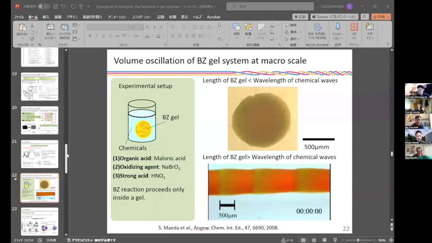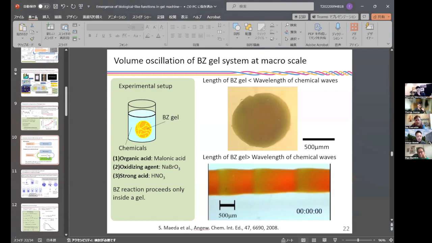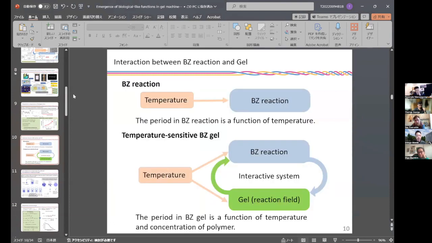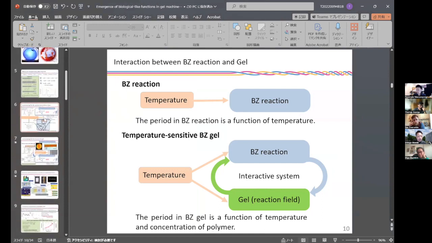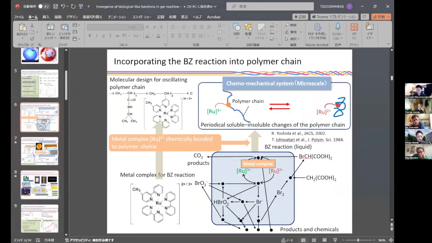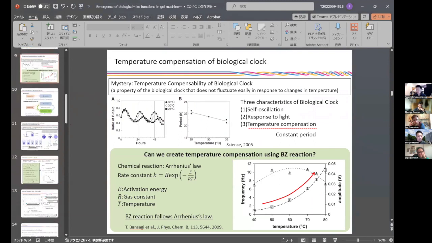Yeah, that's a good point. Can I share again? In the chemical systems, the idea to make sensing, or an interactive system, is very important. Okay, just a moment.